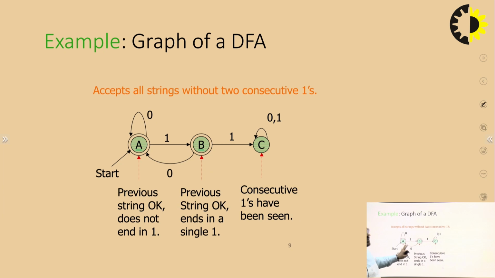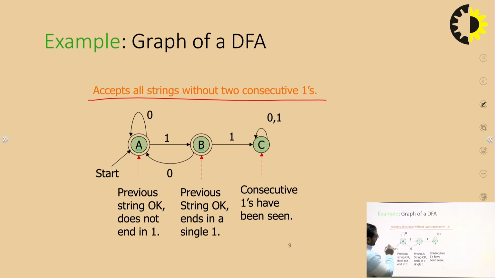So this is the example you can see here. This is a graph of a deterministic finite automata which accepts all the strings without 2 consecutive a's. From this graph you can understand how we can design a finite automata. We can solve some examples, but before this, understand the graphical representation of a deterministic finite automata.